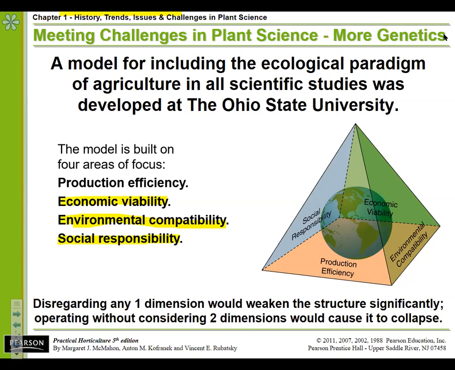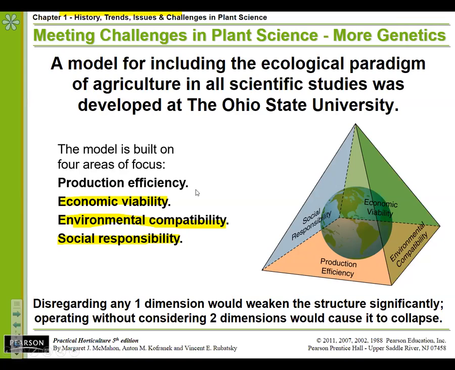And so OSU, Ohio State University, is the land grant university for Ohio. Lots of things that they do, but they engage in some agricultural research. And so one of the things that they were looking at here was kind of the ideal of sustainability in agriculture.